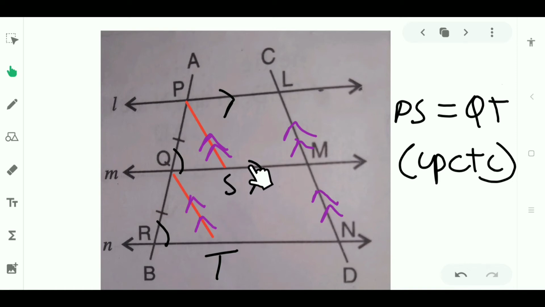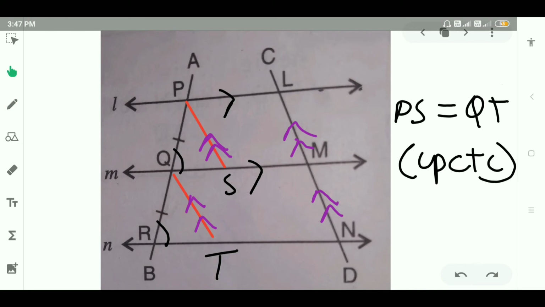In the same way, these two lines are parallel and these two lines are parallel. So this is one parallelogram, and this is the second parallelogram we have in this diagram.